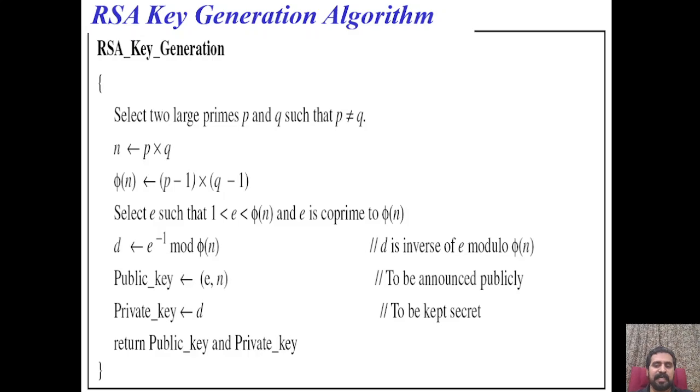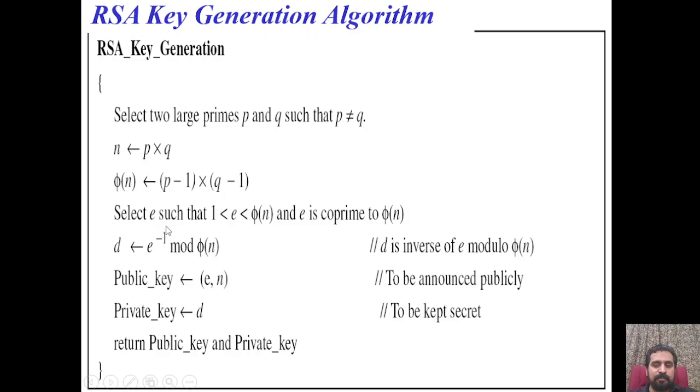Next, we need to choose an integer E that is less than phi of N, where phi of N is (P minus 1) times (Q minus 1).